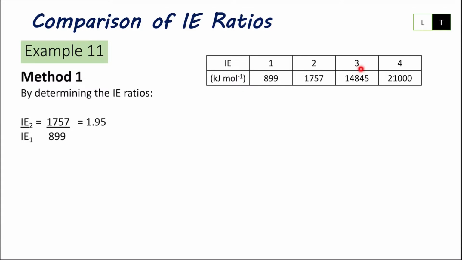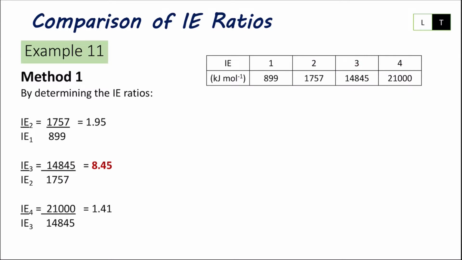After that, I'm going to continue with IE3 divided by IE2. Biasanya saya akan gunakan nombor yang besar lah. And after that, IE4 divided by IE3. So you can see that between 1.93, 8.45 and 1.41, 8.45 is the highest one.